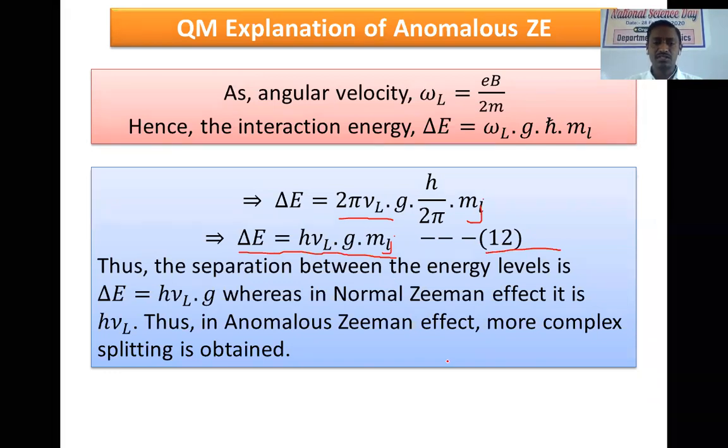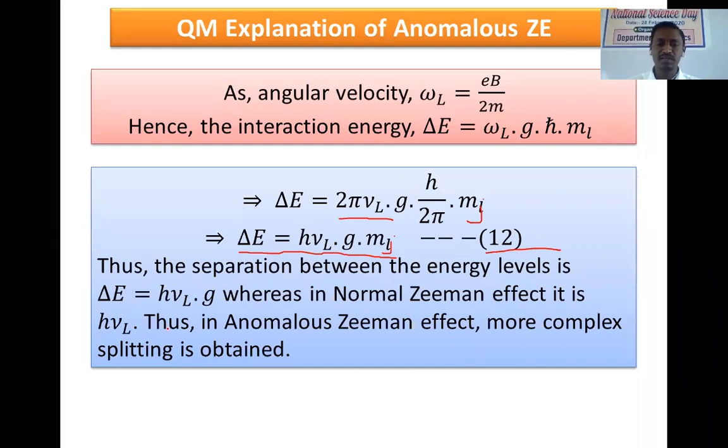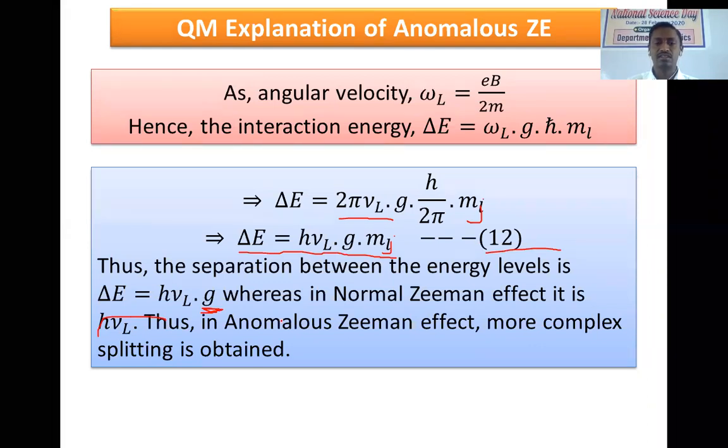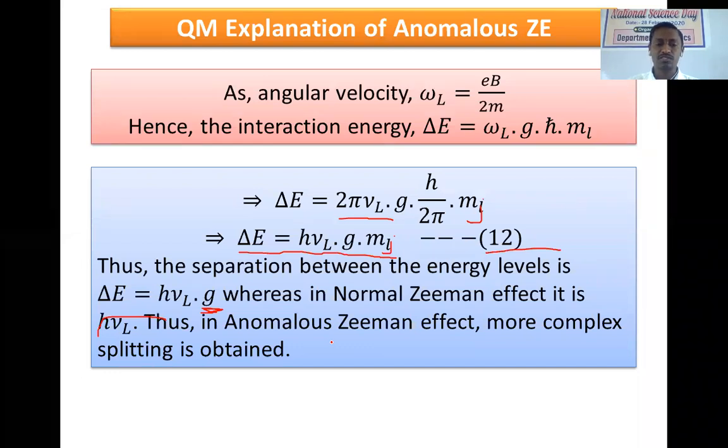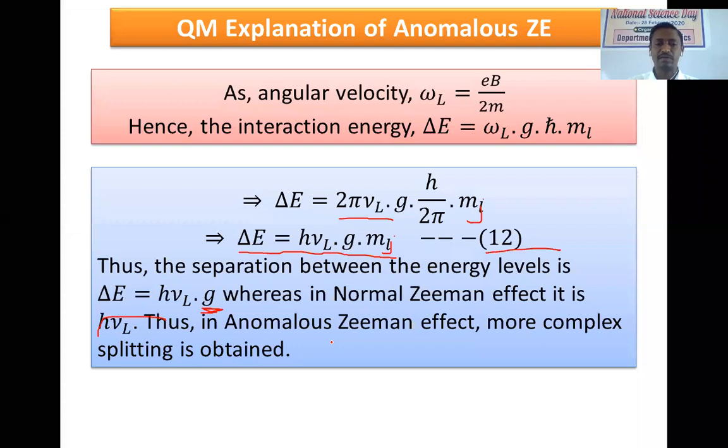Whereas this separation between energy levels in case of normal Zeeman effect will be h nu. Here the factor g is there, and as we have defined, g is the Lande splitting factor, that explains the complex splitting of spectral lines in the presence of an ordinary weak magnetic field.